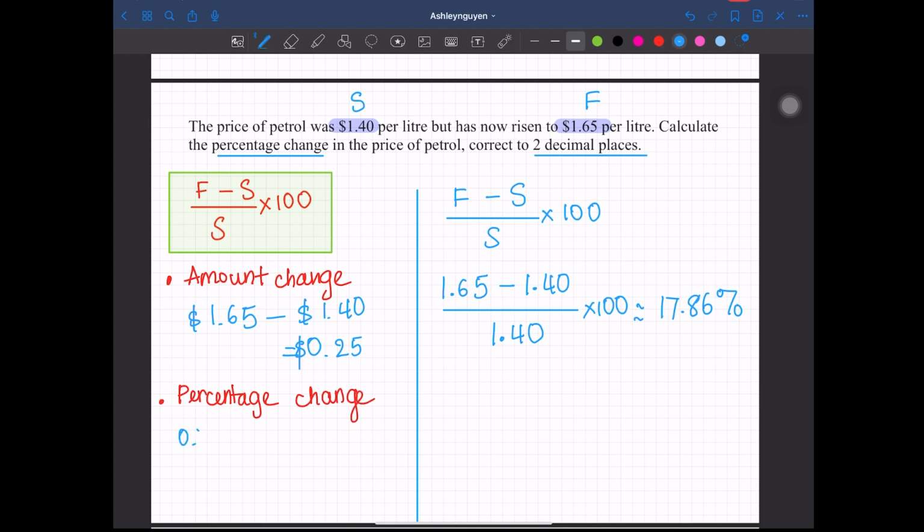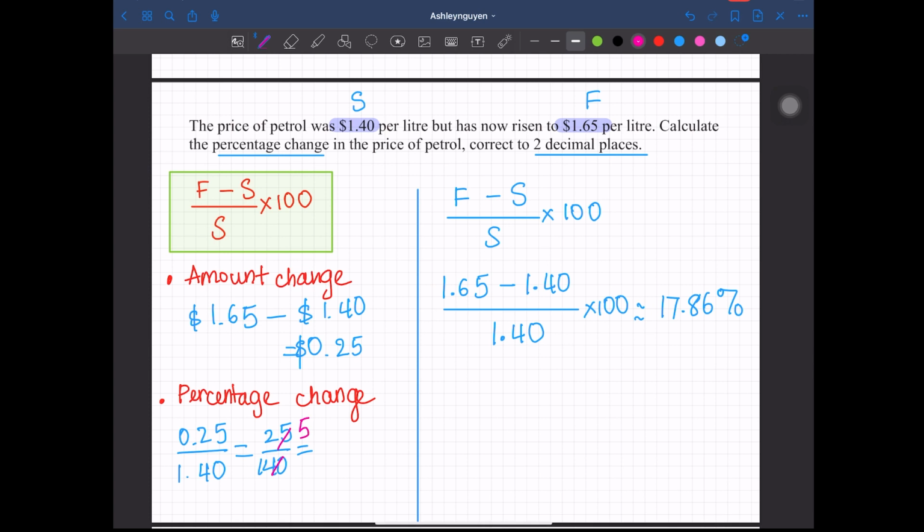So it would be 25 cents over $1.40. Thirdly, I convert it into whole numbers, and I see that I can cancel out by 5. That gives you 5 and 28. So the new fraction is 5 over 28, and you times by 100. You have 17.86%. So that is the mathematical proof of the formula for how to find percentage change.